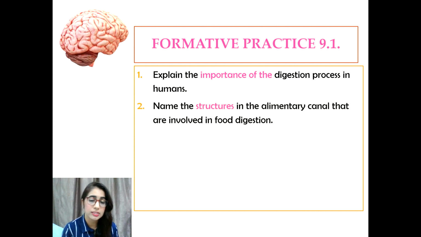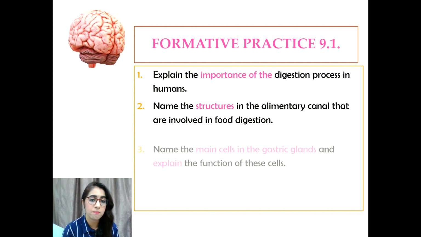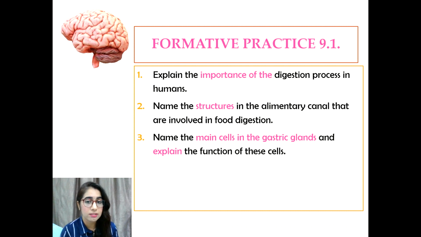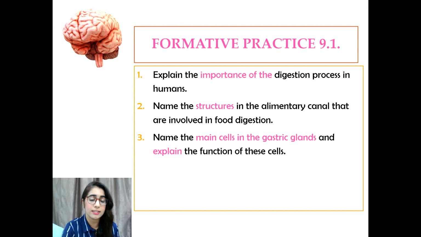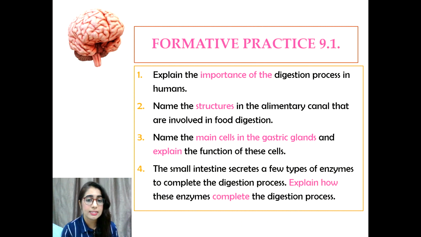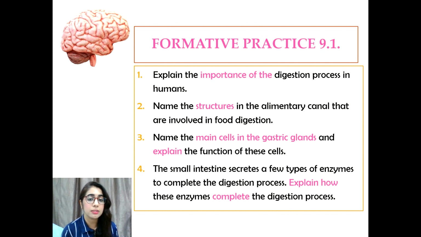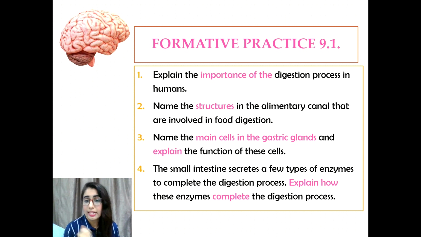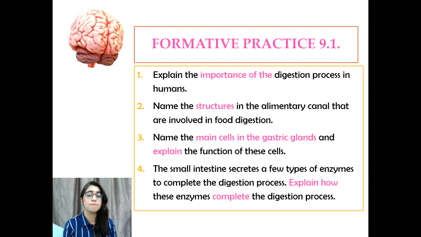Name the structures in the alimentary canal that are involved in food digestion. Name the main cells in the gastric glands and explain the function of these cells. Lastly, the small intestine secretes a few types of enzyme to complete the digestion process. Explain how these enzymes complete the digestion process.